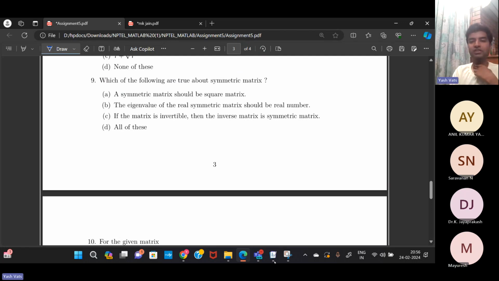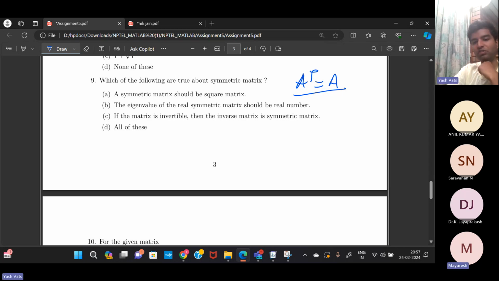Which of the following is true about a symmetric matrix? What is a symmetric matrix? A matrix is symmetric if A transpose is A. So eigenvalues, of course, are real numbers. A real symmetric matrix should be a square matrix. If the matrix is invertible, then the inverse is also a symmetric matrix. Is it true?